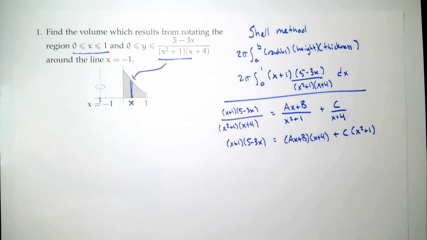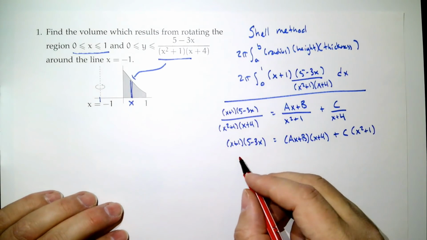And now we come to our choice. How do we find them? There are lots of ways to solve for a, b, and c. The way I like to do it is to pick nice values for x. Anybody have a nice value for x? Negative 4, great choice.